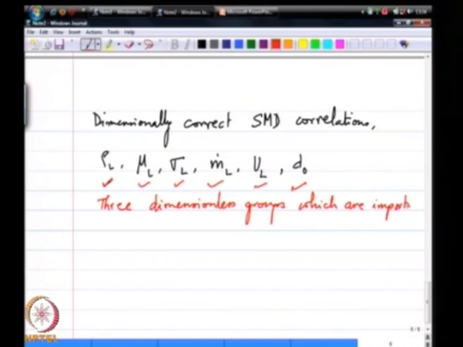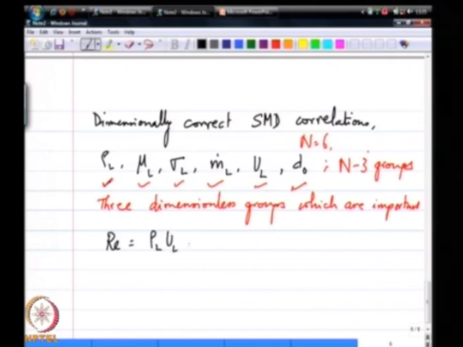How did I come up with this 3? I am expecting to find n minus 3 groups, and for this case n equal to 6, and I have 3 primary dimensions. Now, I can go through the so-called Buckingham pi theorem analysis, or I will just write down the result, because this is a standard UG classroom exercise.